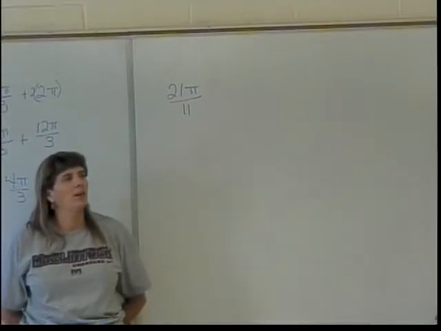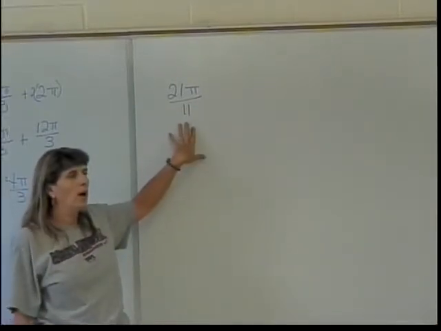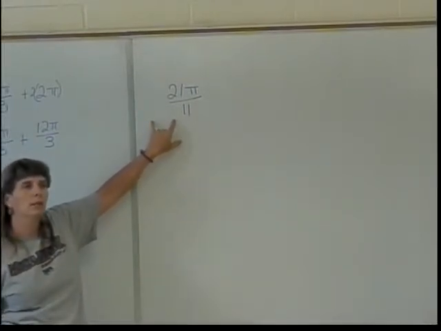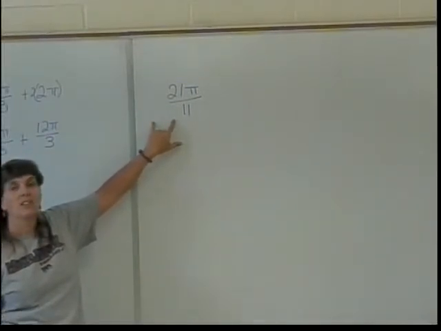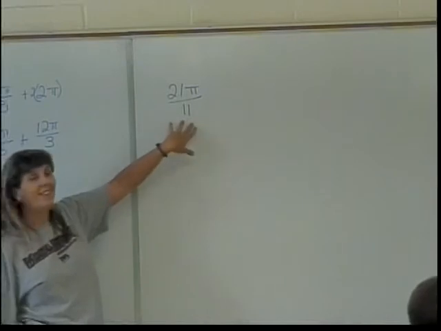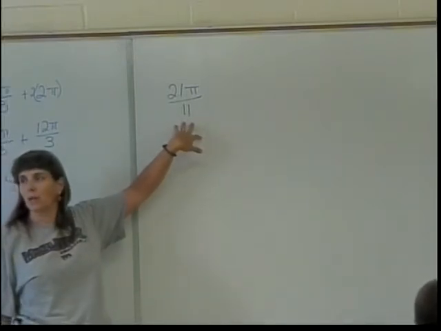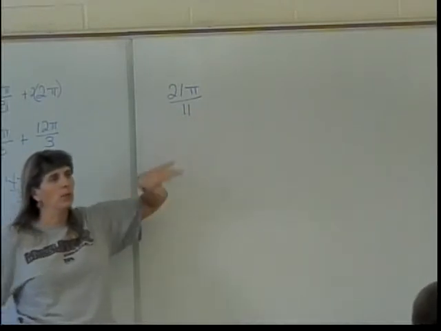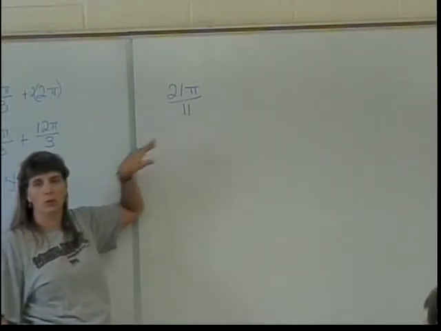It's already done. If you check this number out, this 21 over 11 is approximately what? It's a little less than 2, right? So it's between 0 and 2 pi already, so this is the answer. An angle is coterminal to itself. And so this is the angle between 0 and 2 pi that is coterminal to this angle.